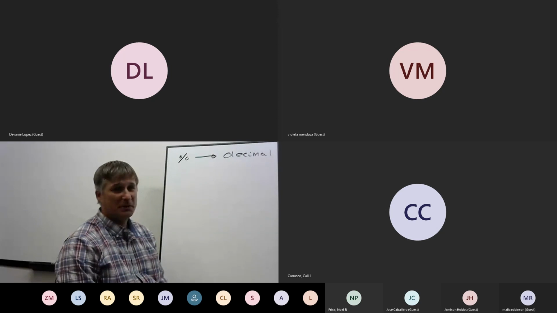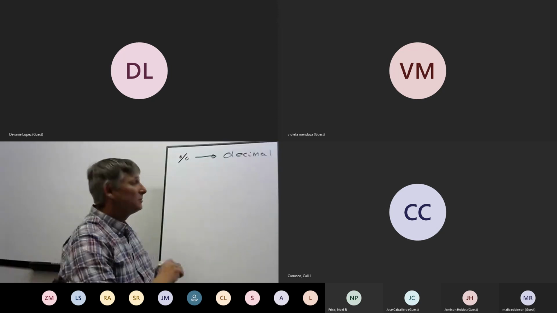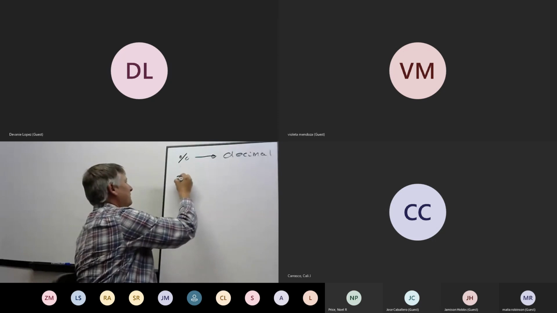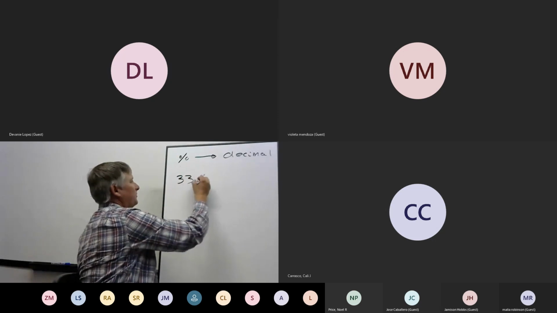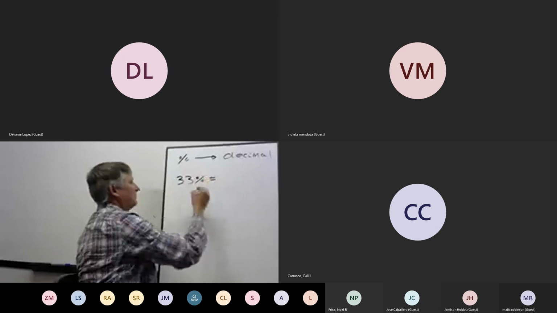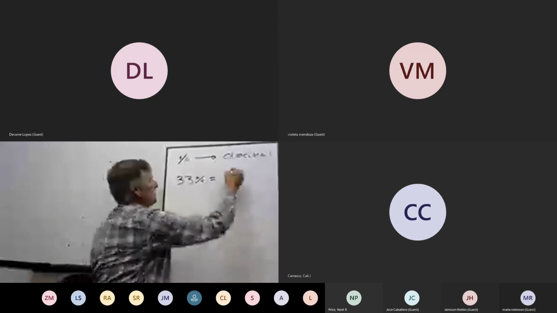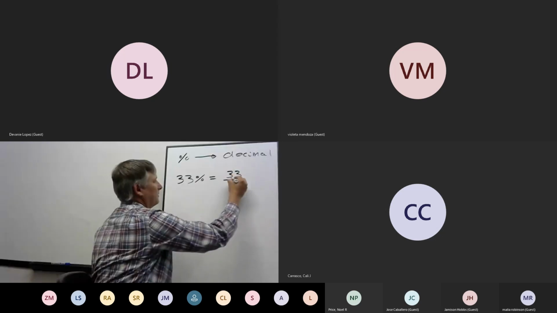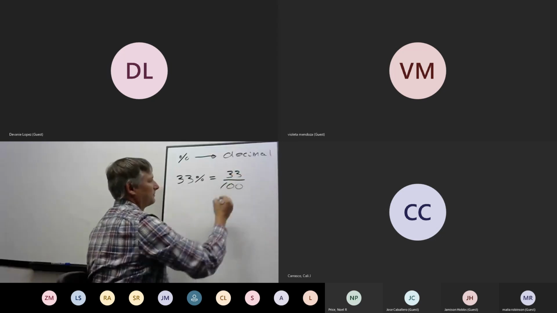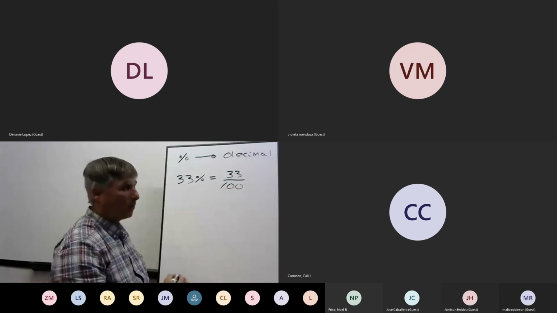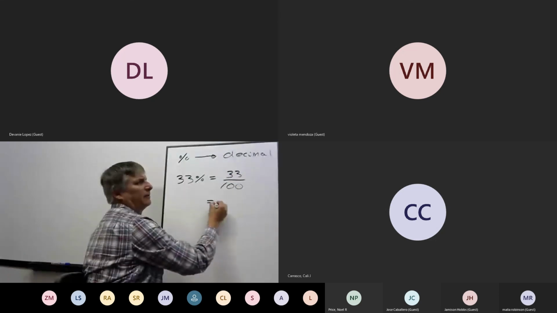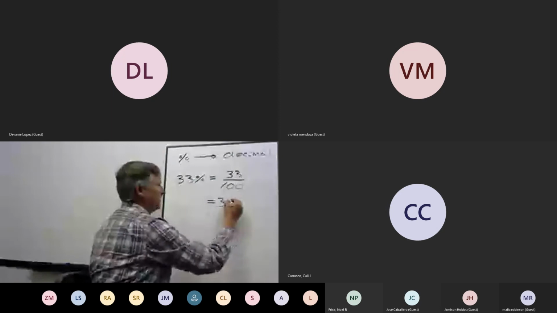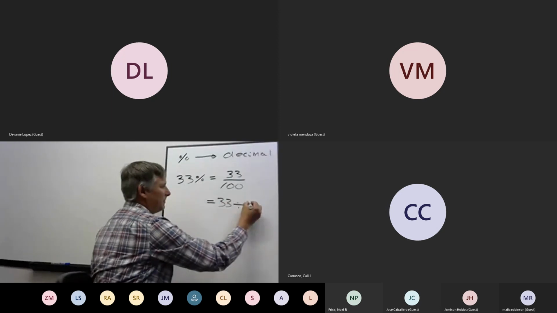So we're going to go percent to decimal. To do that, say we have 33%. Well, this is just 33 over 100. Or, we're going to come up with a shortcut for this, don't worry, 33 divided by 100.